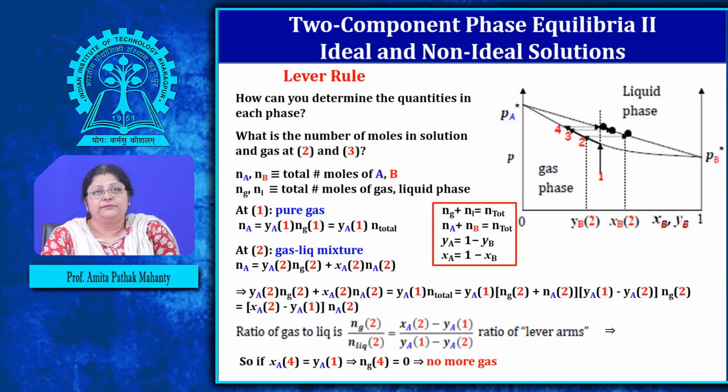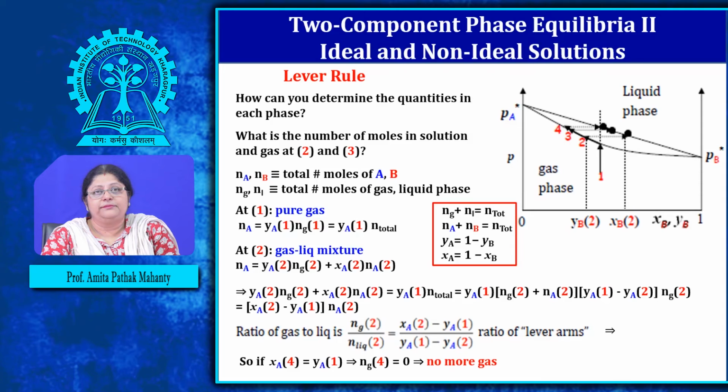See, if you take the mole fractions common, Na, Xa2 minus Ya1 divided by Ya1 minus Ya2. What is Ya1 minus Ya2? This is actually the lever arm.